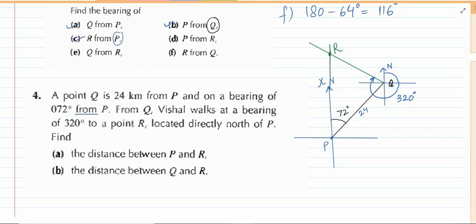How we are going to find it? First you need to stop the video and try it by yourself. Now you know that this angle is 320. That means you can find out the remaining angle. It will be 360 minus 320, that will be 40. Right, so this short angle is 40.